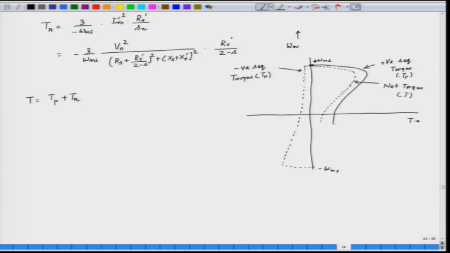It means in case of an unbalanced voltage supply, the net torque is reduced and hence the net power is also reduced.